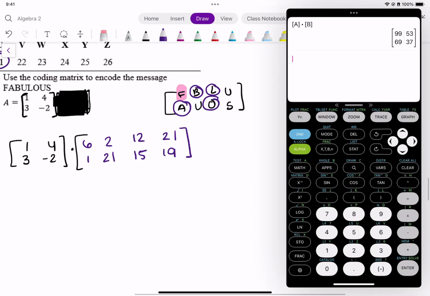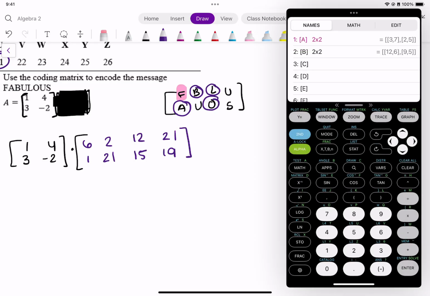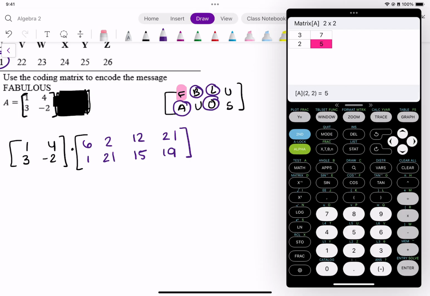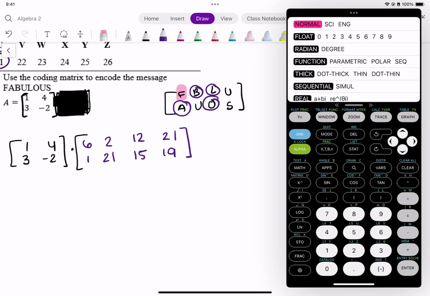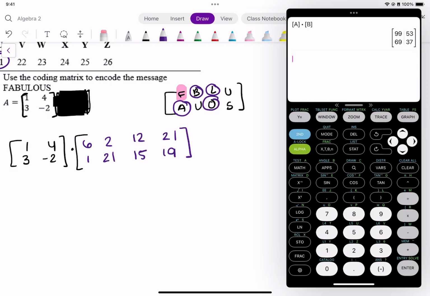Now let's save them. Okay, so let's modify A first. A is still a 2 by 2, but now we have 1, 4, 3, negative 2. So A there, saved. Now let's go to B. B is a 2 by 4.